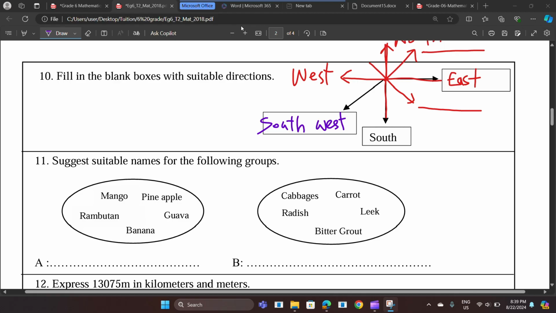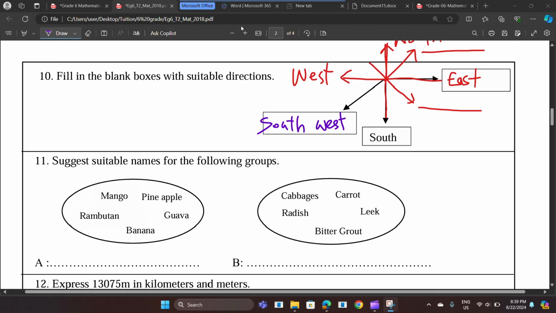In here, there are two groups surrounded by two circles, not circles, ovals. In the first oval, there are mango, pineapple, guava, rambutan, and banana. What name can we put to that selecting group?